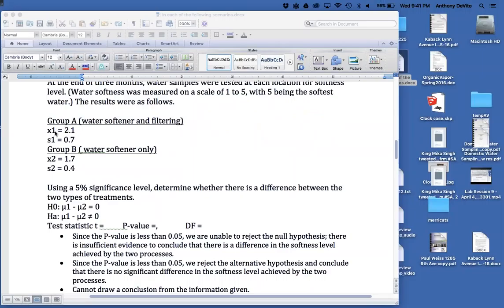The results we got were: x bar for group 1 is equal to 2.1. That's the softness. And the standard deviation for group 1 was equal to 0.7. For group B, the mean was 1.7 and the standard deviation was equal to 0.4.